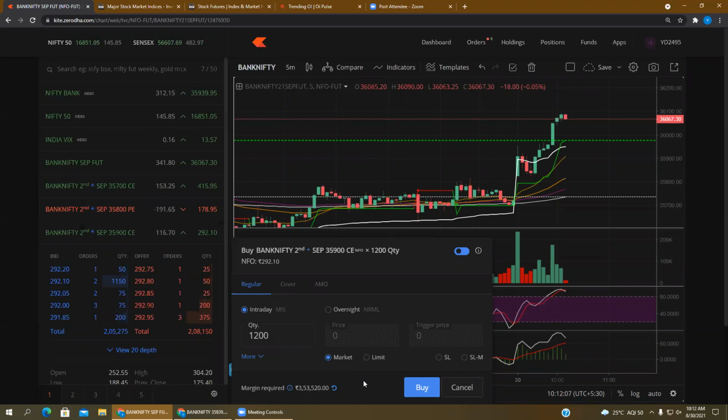So 500 that I have, the stop loss is 285. Yes, this is the Zerodha platform that I use.